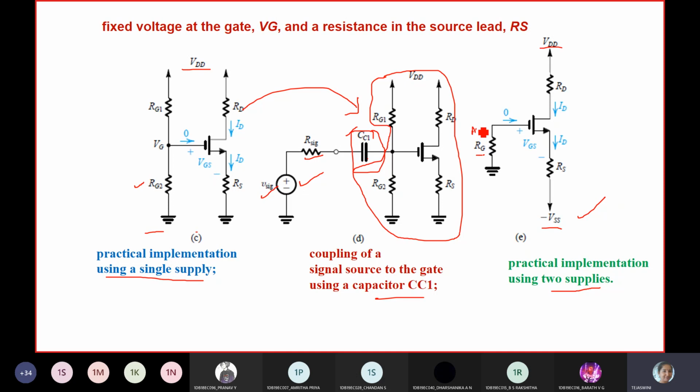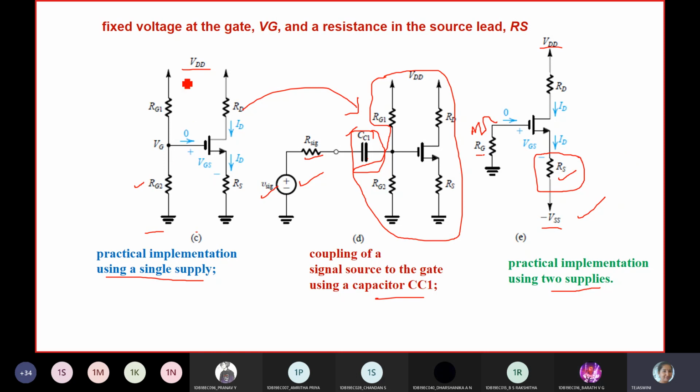RG has to be always in terms of mega ohm, high input resistance. And source resistance, we have used this technique for biasing. Previously we have studied, right? So that is a biasing technique. This is the circuit you have to remember, that's it. Okay, shall I move on to the next technique? Yes, ma'am.